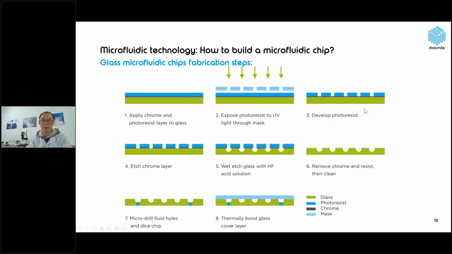Then we develop the photoresist. The next step is wet etching the glass with an acid solution, and after that we remove the chrome and resist and then clean it. Next, we can do micro drilling of the holes and dice the chip, and finally we thermally bond a glass cover layer to achieve the final product.